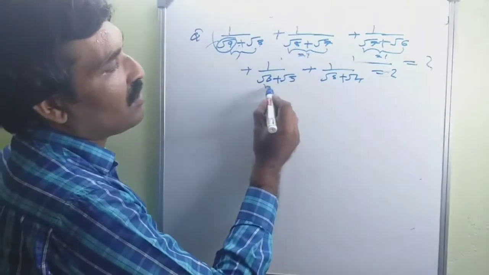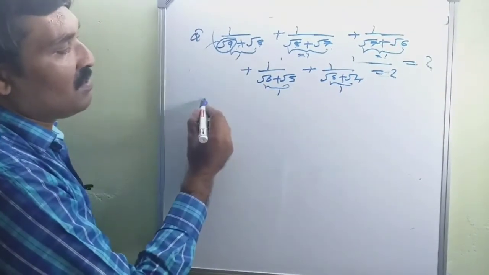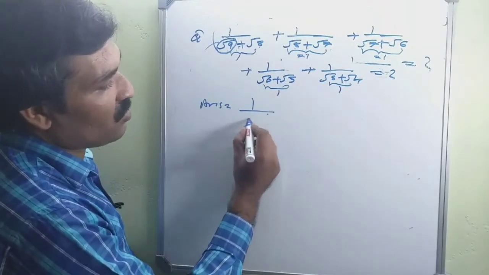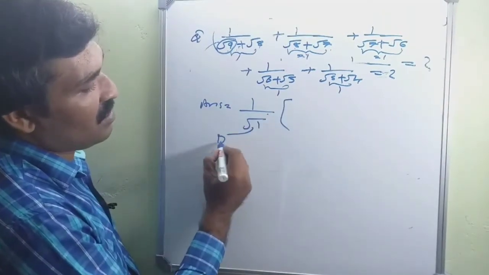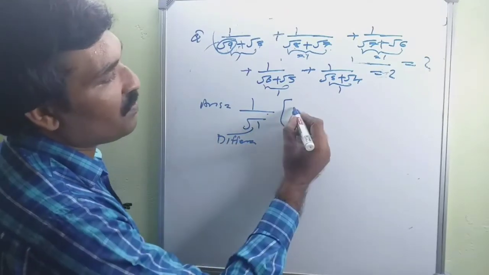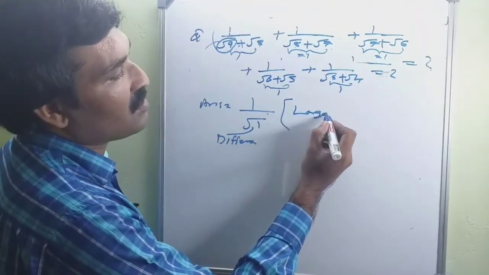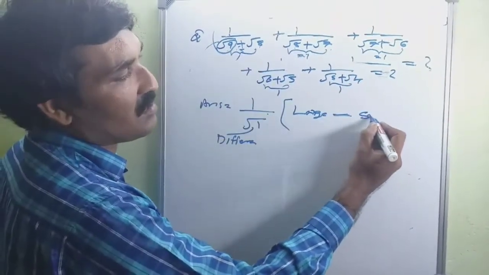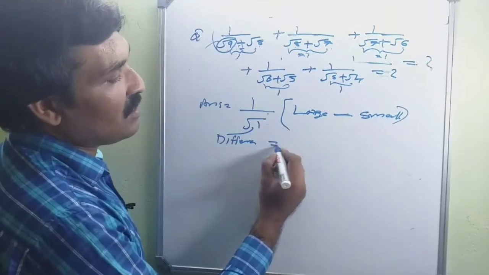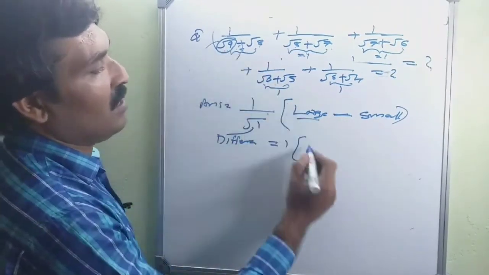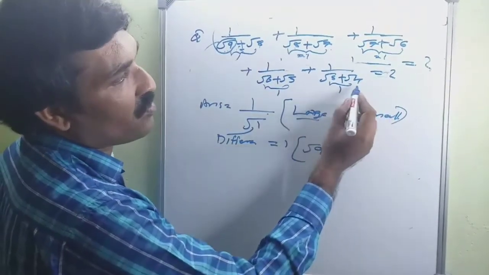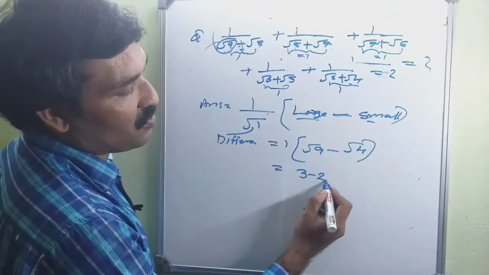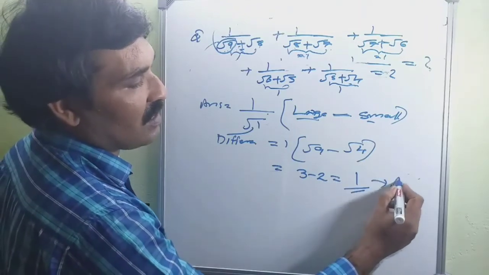So our solution is equal to 1 by root difference into large, minus, since here it is plus, minus small. That is equal to 1 divided by large root 9 minus small root 4. So this is equal to 3 minus 2, which is equal to 1. This is our answer.